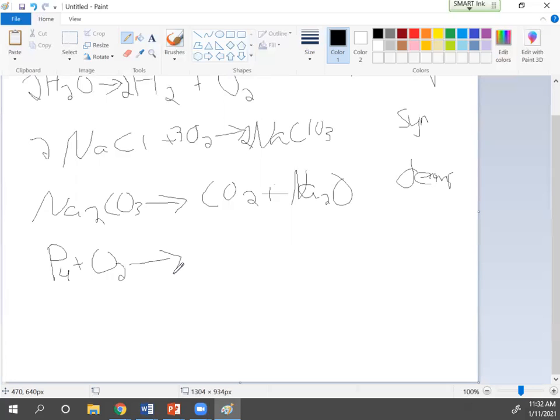So what is it? Synthesis, because there's more than one reactant. So that makes this a synthesis reaction.